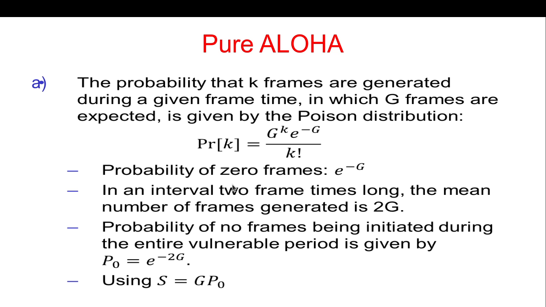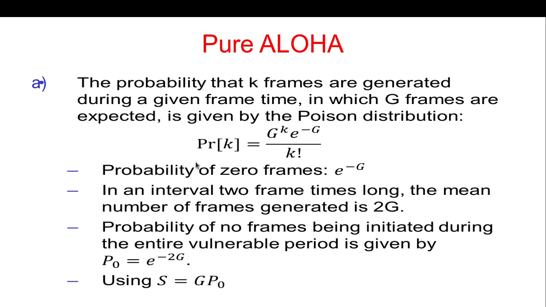The probability that k frames are generated during a given frame time in which g frames are expected can be modeled by the Poisson distribution, as we know. The probability of k frames, where g frames are expected, is given by g raised to k into e raised to minus g, upon k factorial.